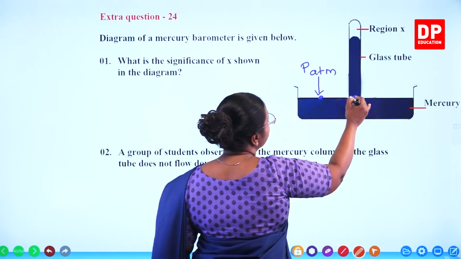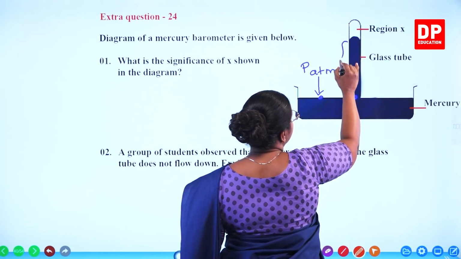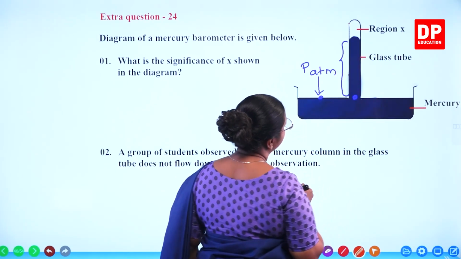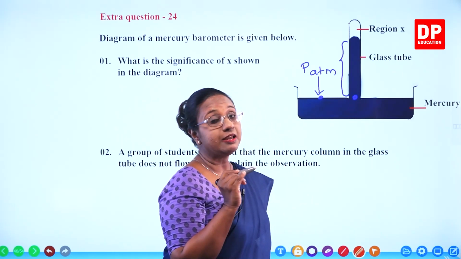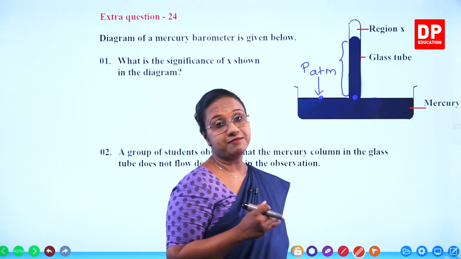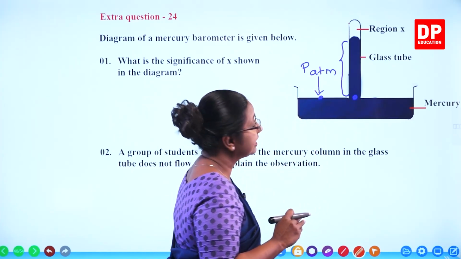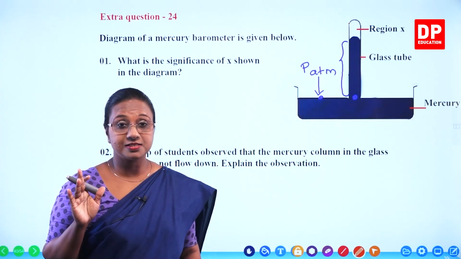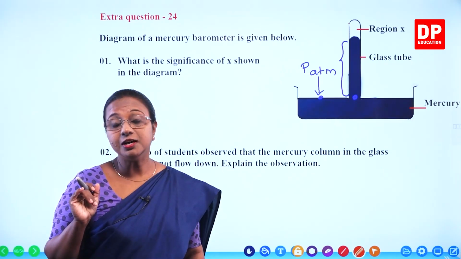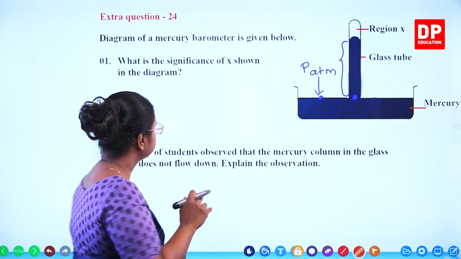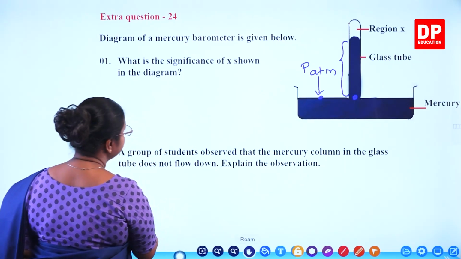It will be equal to the pressure exerted by the mercury column of this height only if there is nothing above it. When there is vacuum, then there is no pressure exerted by the region X. Then only we will have a proper mercury column. So that is the significance.